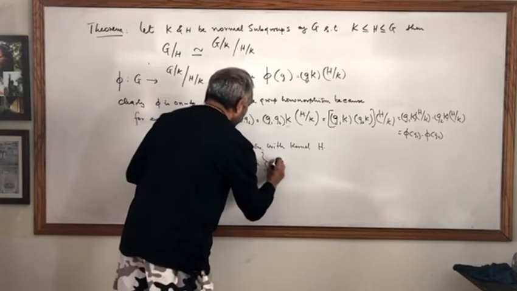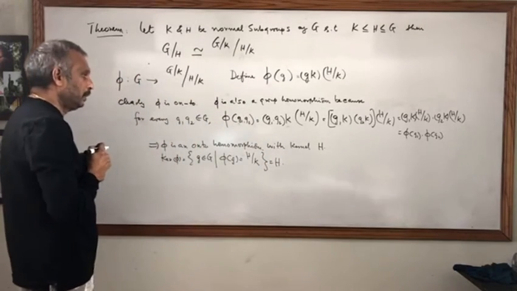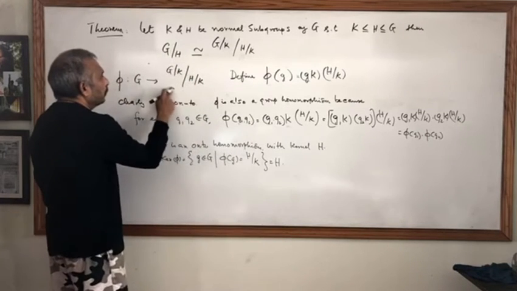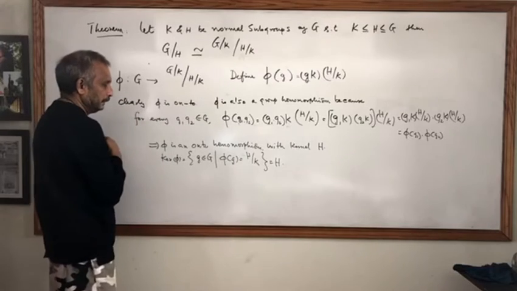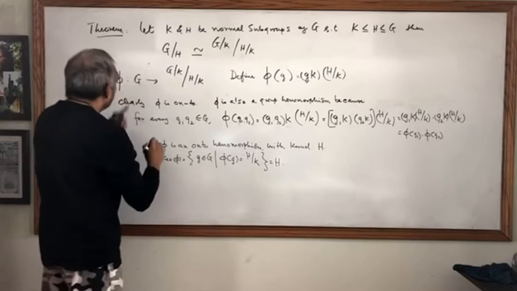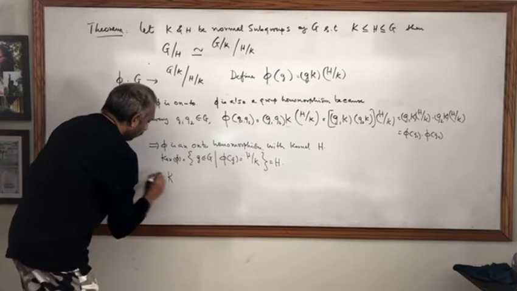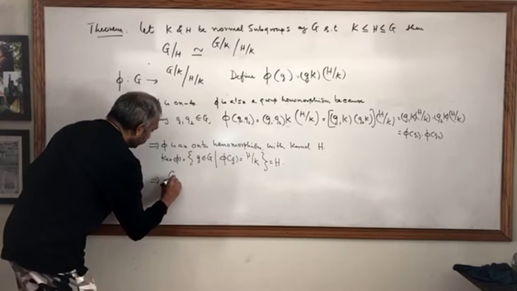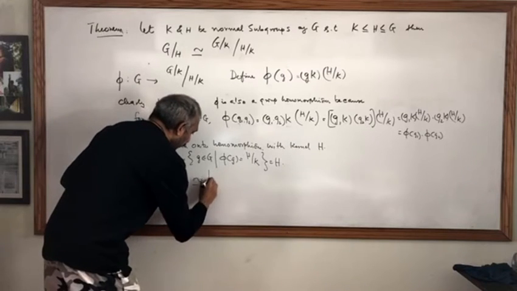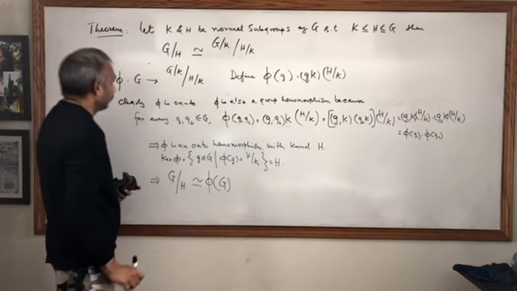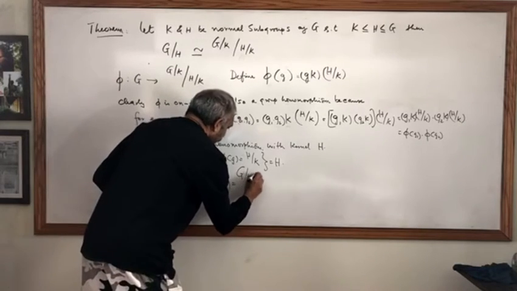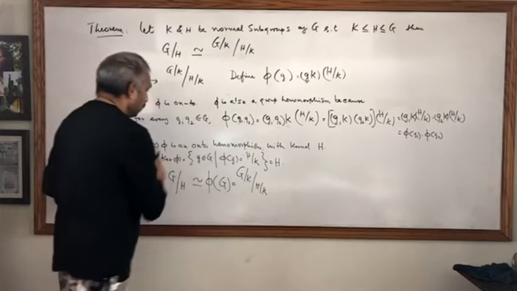And that is nothing but H. So that means G over the kernel is isomorphic to phi of G. The phi of G is nothing but G over K over H over K because it is onto.